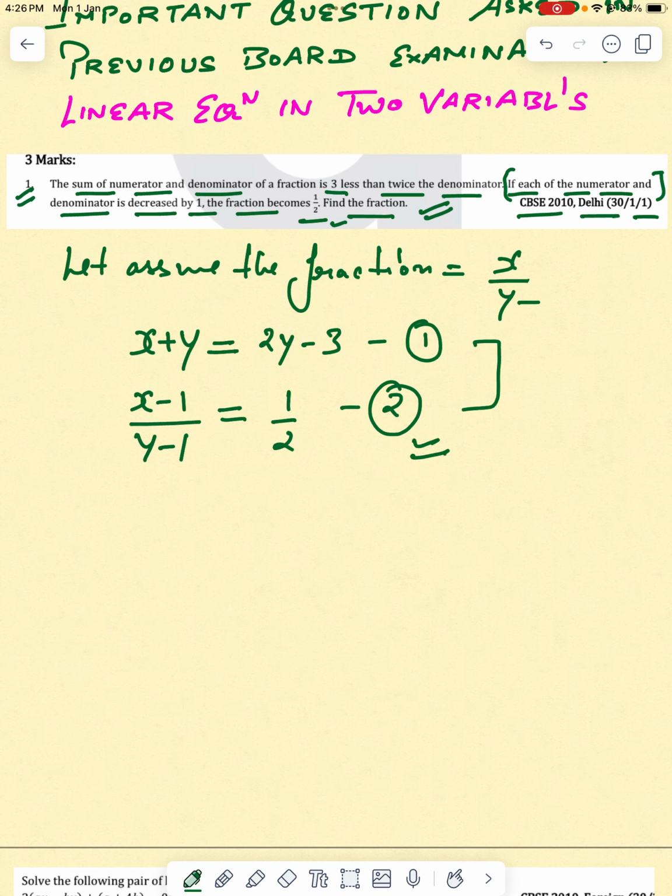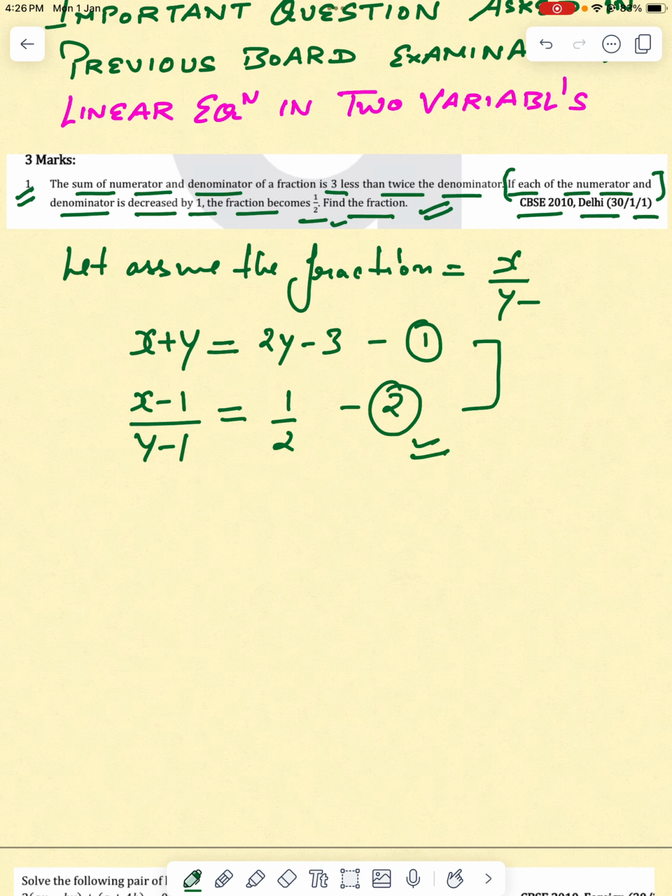Now take everything on the left hand side: x plus y minus 2y plus 3 equals 0, so x minus y plus 3 equals 0. This is your equation number 1.